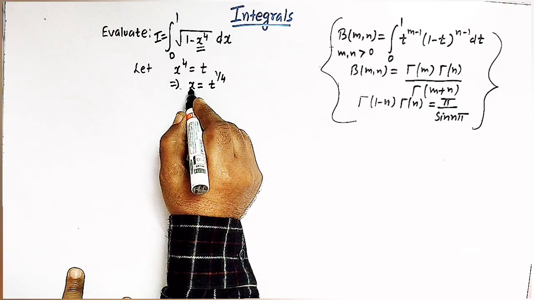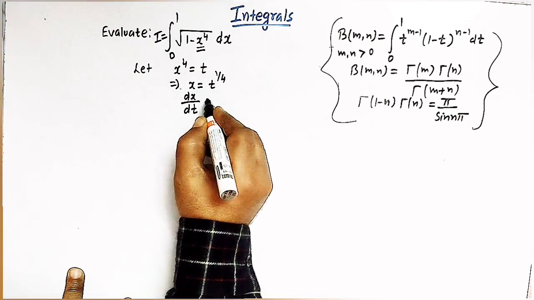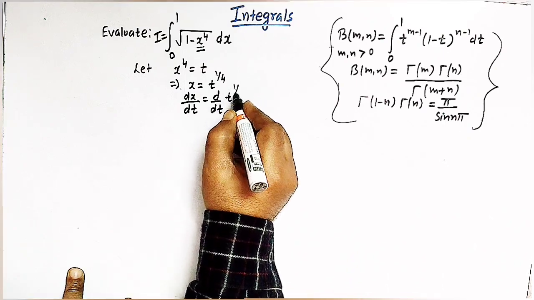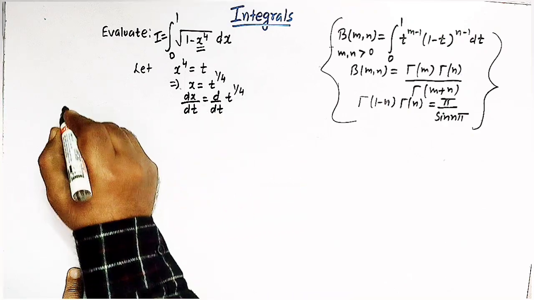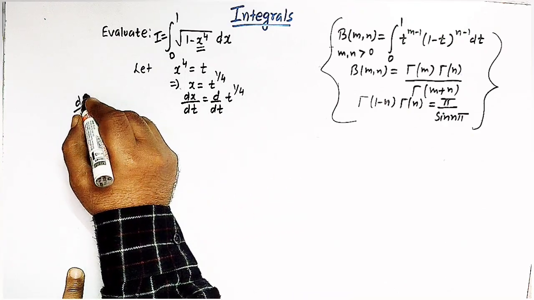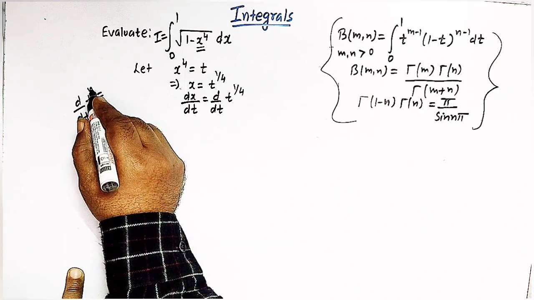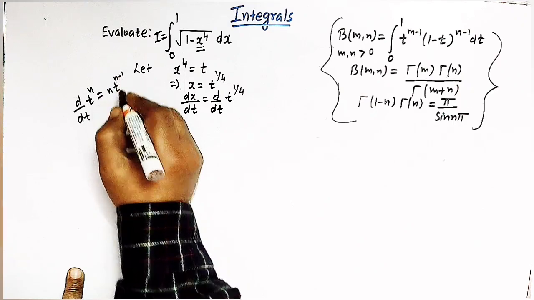Now let us differentiate x with respect to t. So we can now write dx over dt is equal to d by dt of t raised to 1 by 4. Now to get the derivative of t raised to 1 over 4, let us make use of the power rule for differentiation, that is the derivative of t raised to n with respect to t is n times t raised to n minus 1.